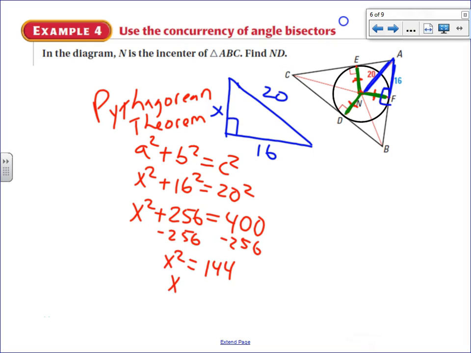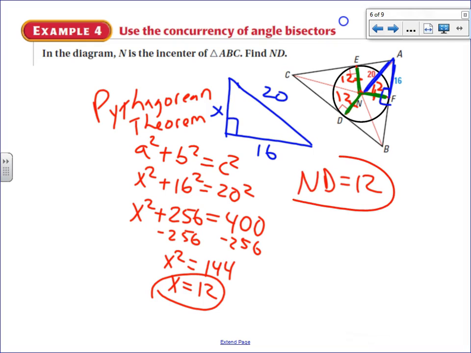That would make x the square root of 144, or 12. So if x is 12, you know, that's 12, that's 12, that's 12. So ND would also have to be 12. All right. So using those rules of logic and applying what you know about the Pythagorean theorem and right triangles, we can figure out the missing lengths using the incenter.